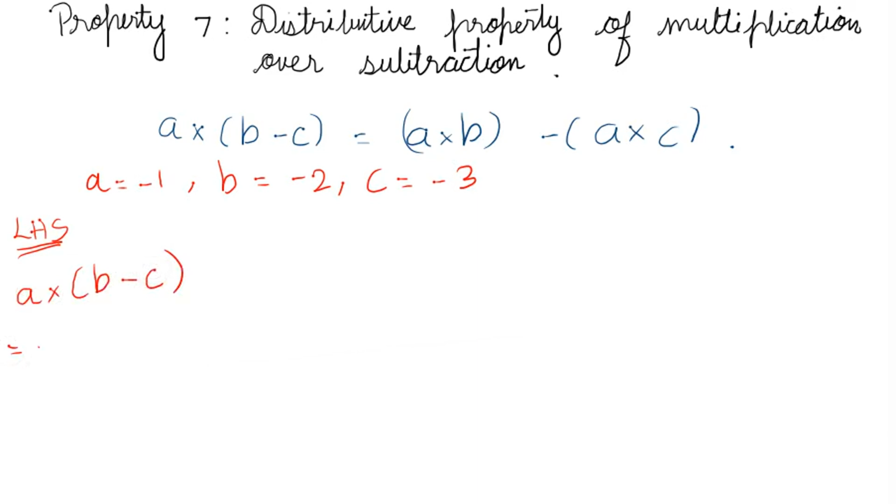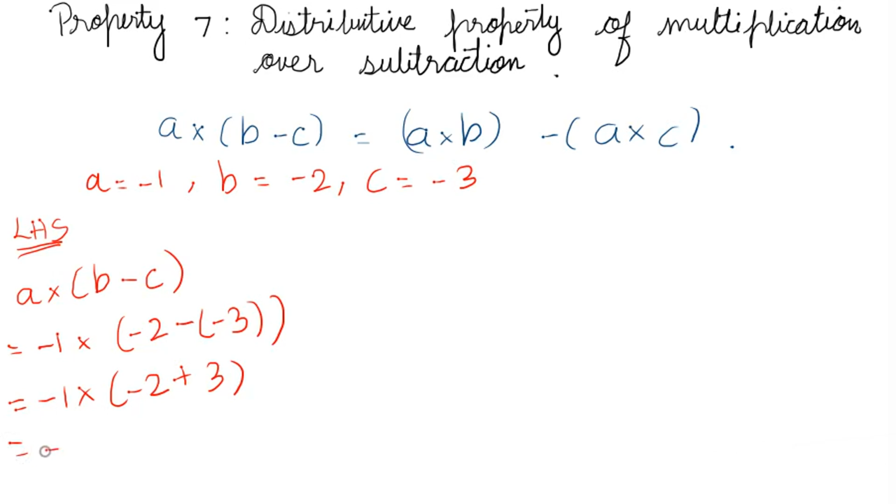So A is -1 into (-2 minus of -3). So it's -1 into (-2, minus into minus is plus, so +3). So -2 plus 3 is 1, and -1 into 1 is -1.